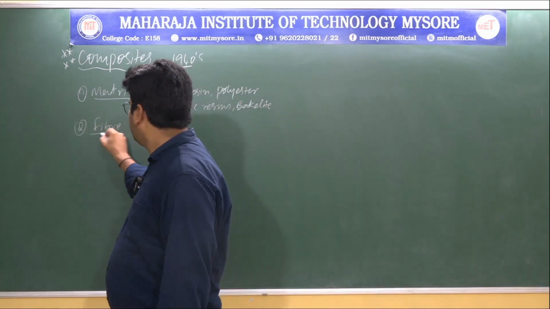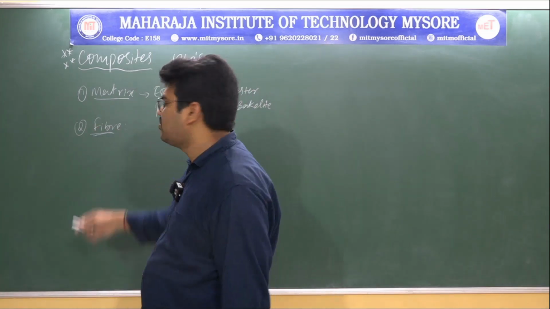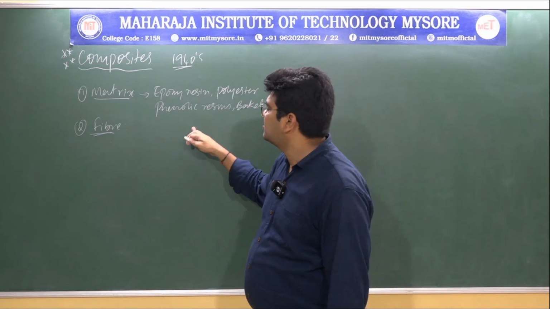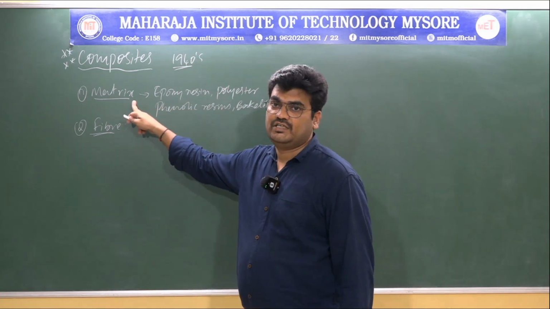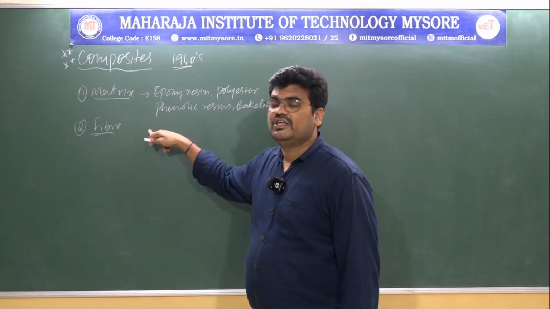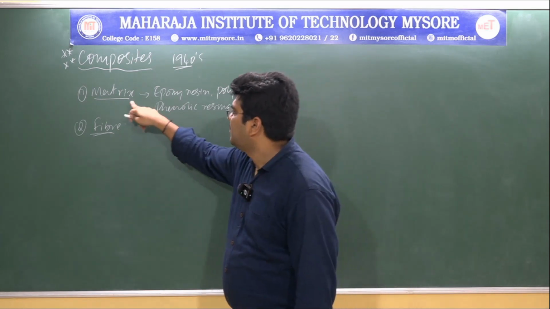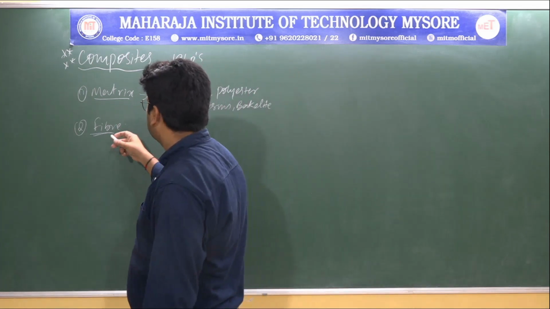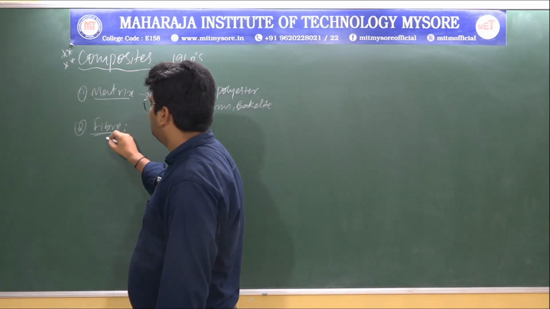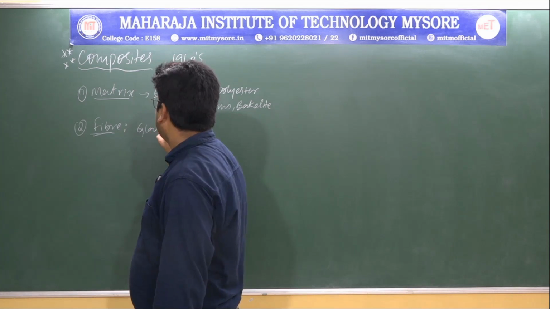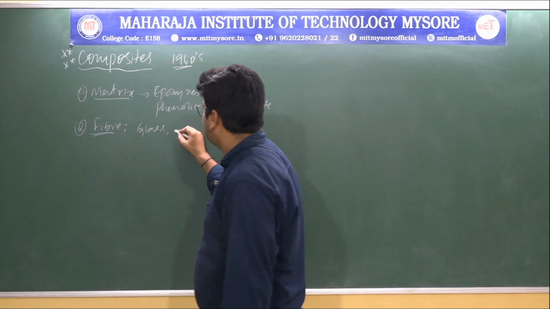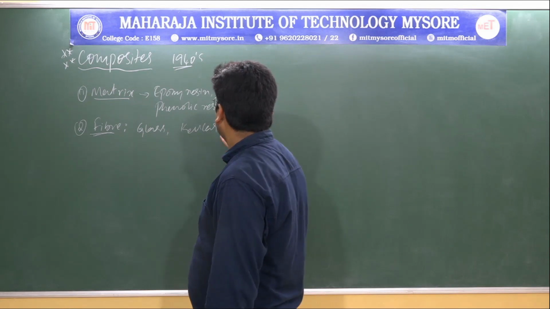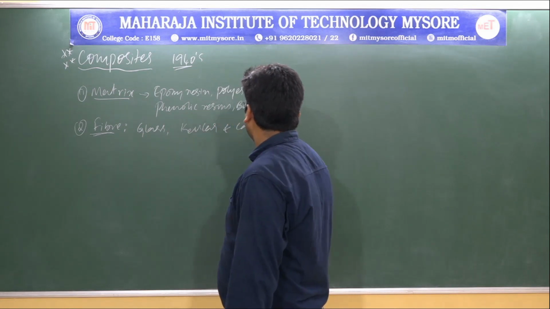So coming to the fiber, the second component in this composite, fiber is any fibrous material which gives network structure to this matrix, right? If you see the examples for these fibers, the most commonly used fiber will be glass, and sometimes people use Kevlar fiber and carbon fiber, right?